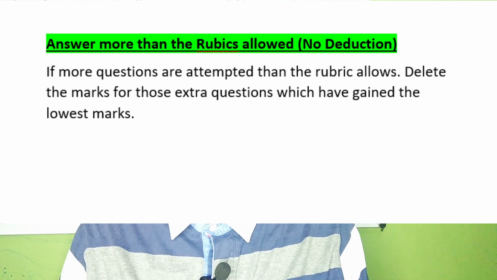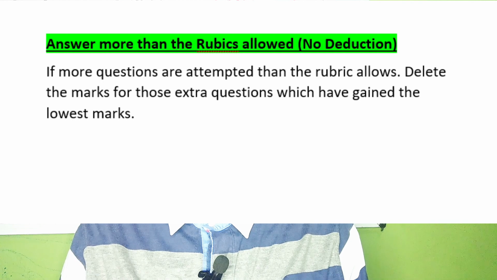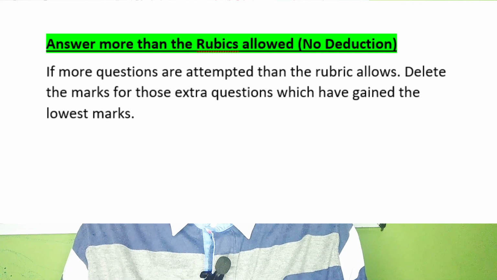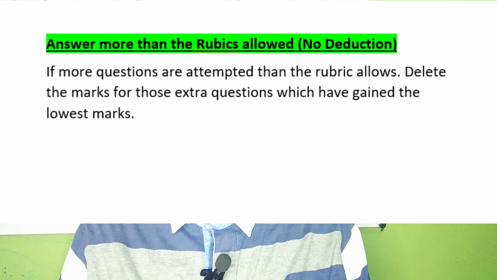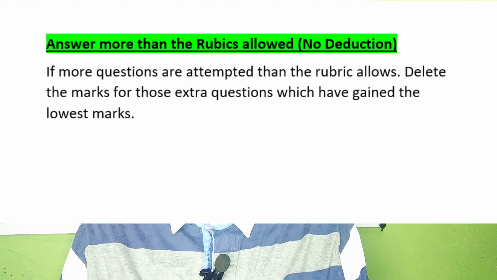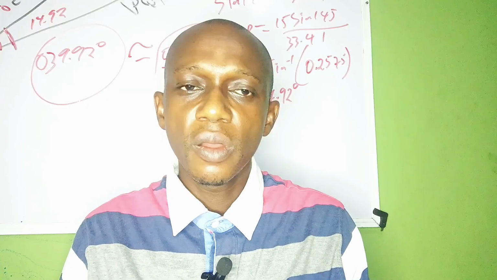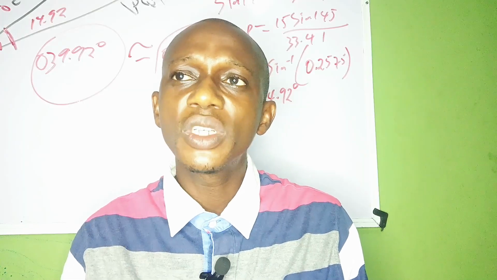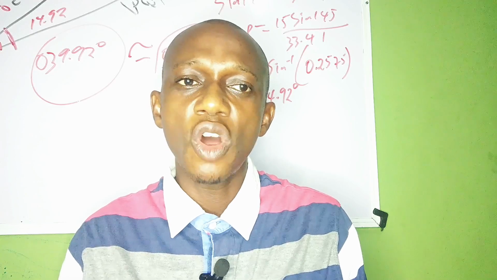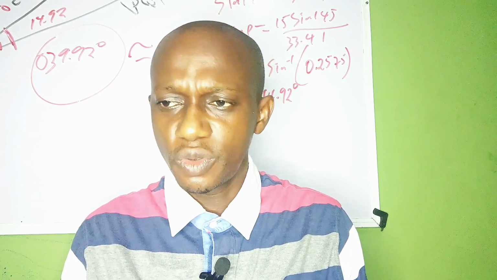If more questions are attempted than the rubric allows, delete the marks for those extra questions which have gained the lowest marks. So examiners are to mark all. If the student answers 6 or 7, we are to mark all and delete those that have the lowest marks. So this is an advantage for the students.